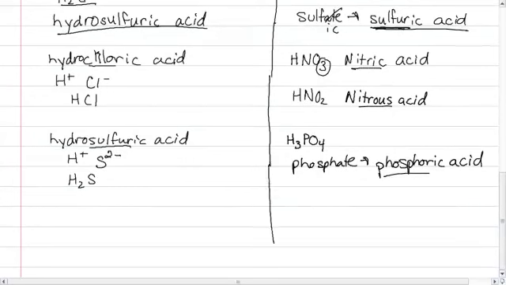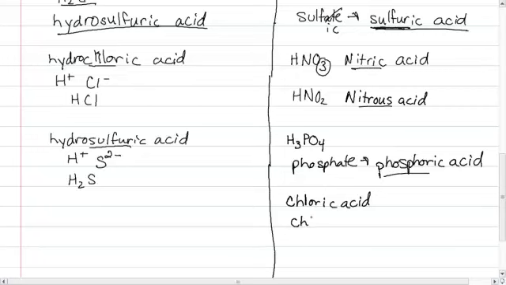So if we want to go the other way, we're given a name like chloric acid. Chloric, ic comes from ate. Since there's no hydro, we know it's a polyatomic ion, so it becomes ate.